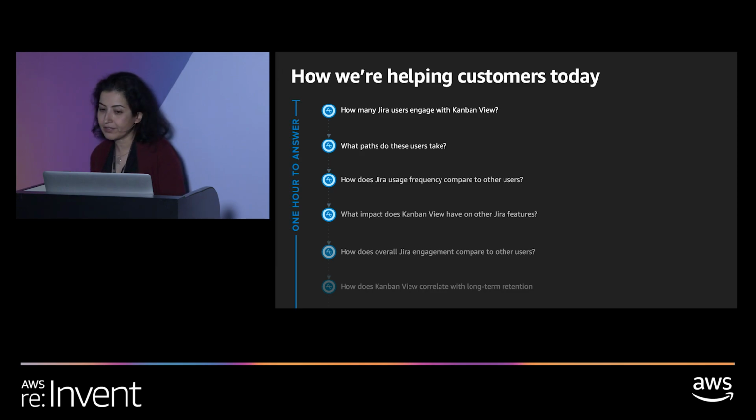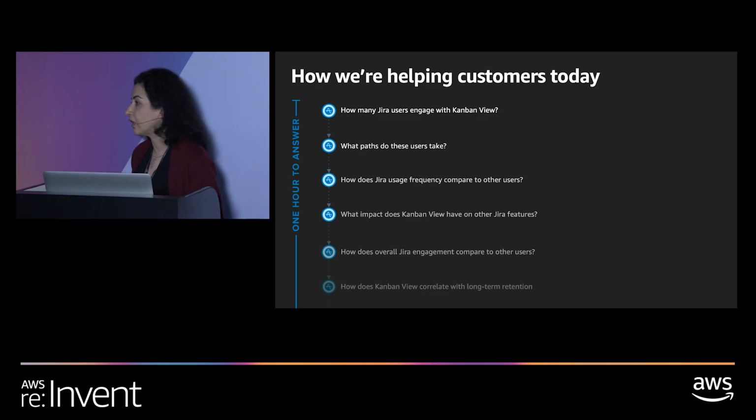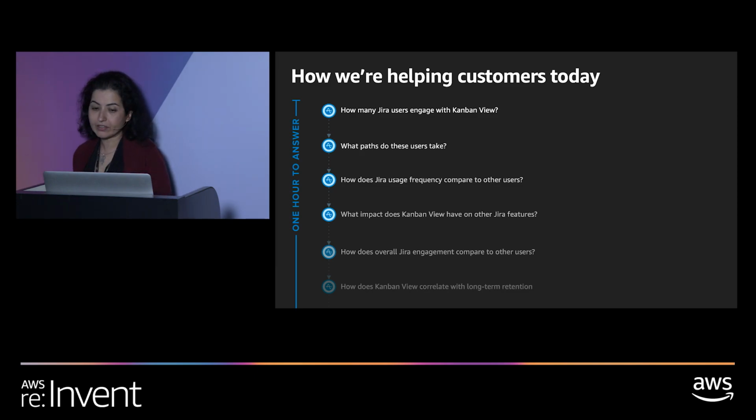With our analytics, now we are giving our customers tools to interactively explore their data and answer these questions. And because this is a system that we built in-house, we have the flexibility to innovate and add more and more analysis on top of that.